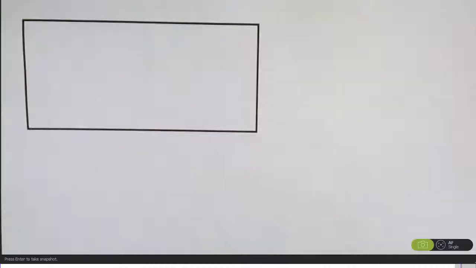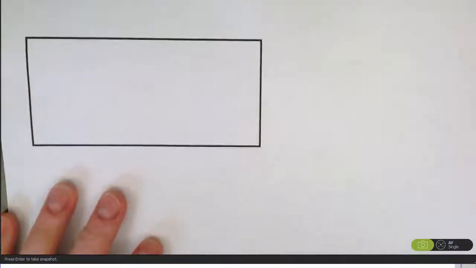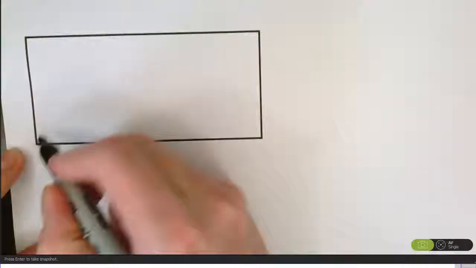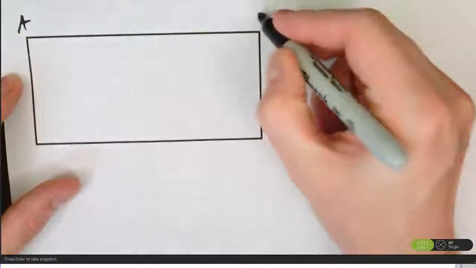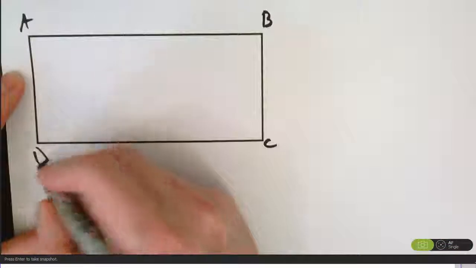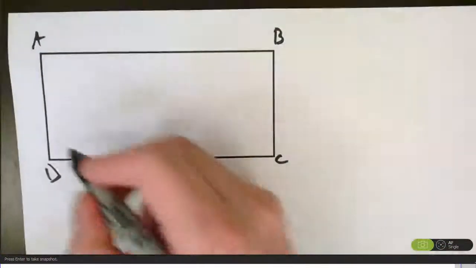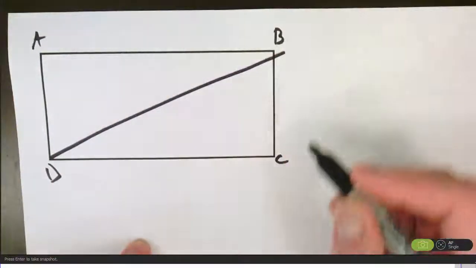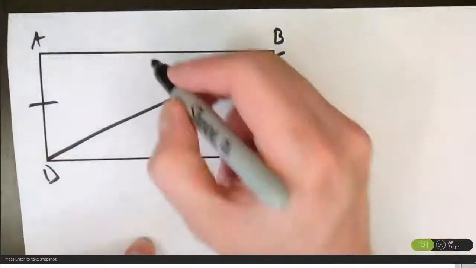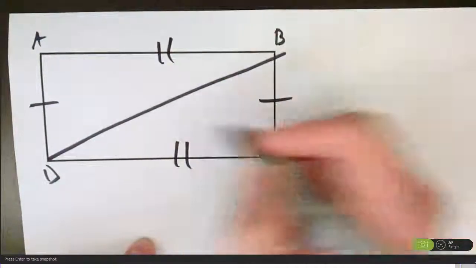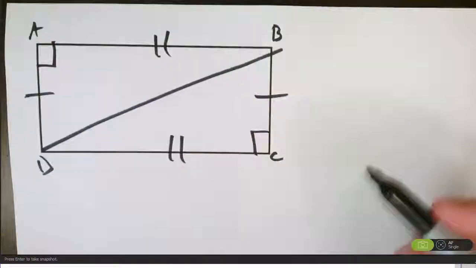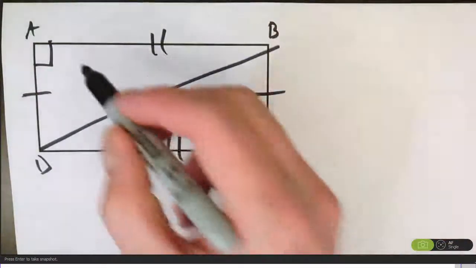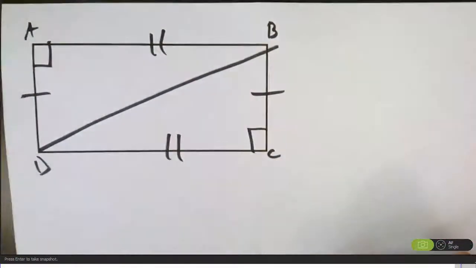Now to go through that real quick, here's what you have to piece together. Let's just call this A, B, C, D. Here's our rectangle. If I draw one diagonal, this side's congruent to this side, this side's congruent to this side, with right angles. It's a parallelogram, so you already know that if you draw one diagonal, the two triangles are congruent.